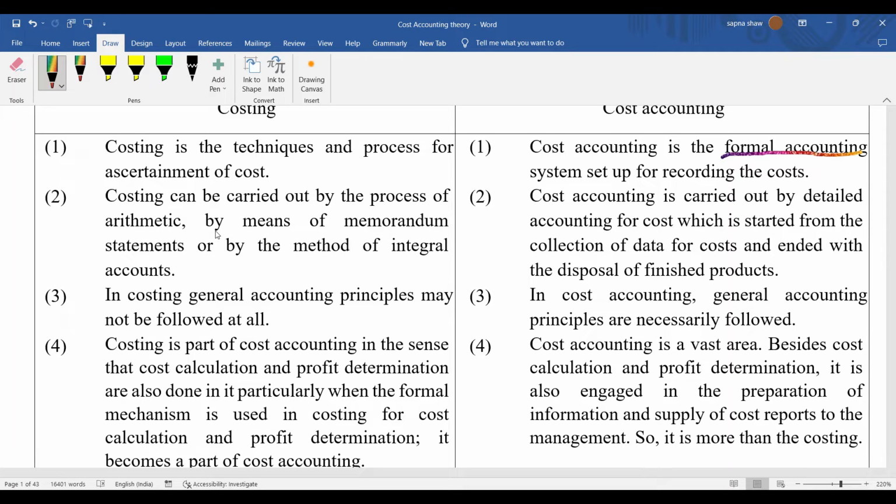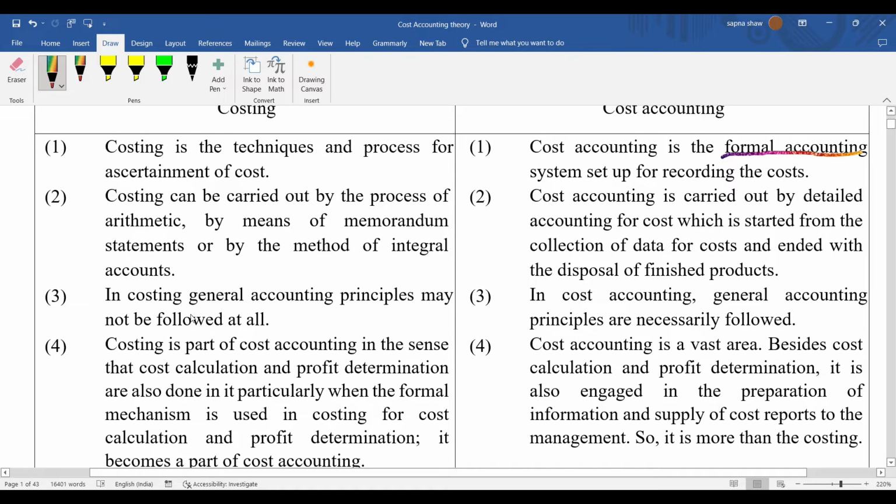But since you are ascertaining the cost for yourself, you don't need to make it. In cost accounting, a proper detailed statement should be there, everything should be there, so that the cost is ascertained.